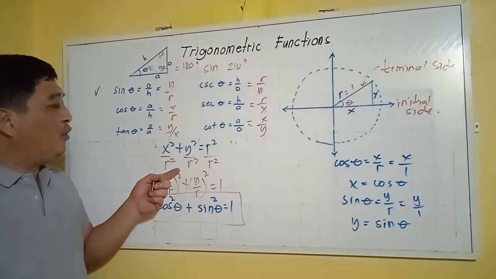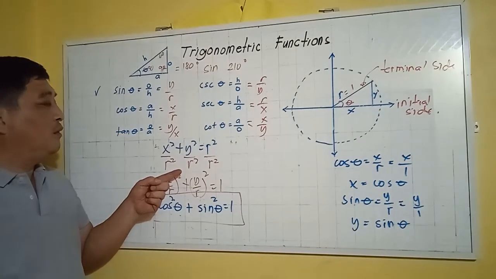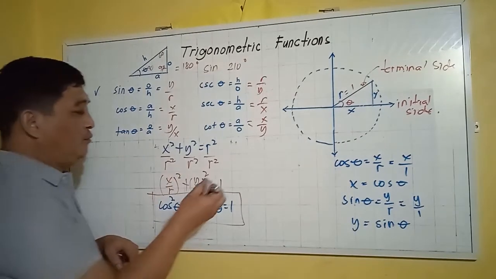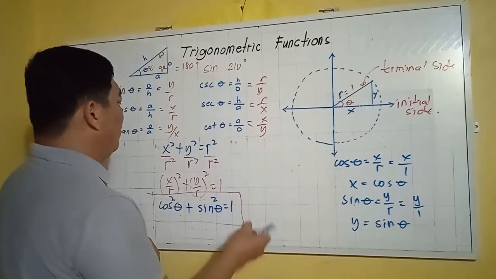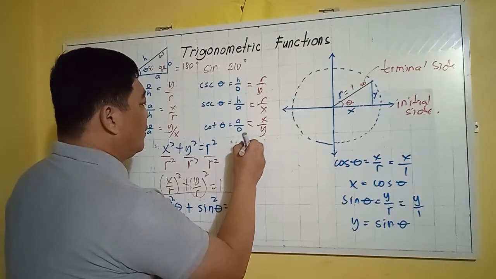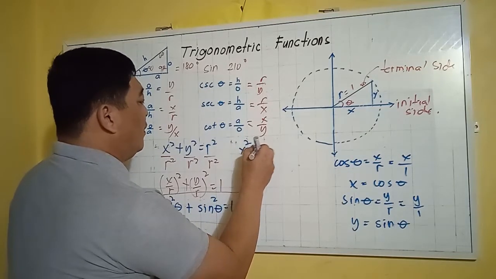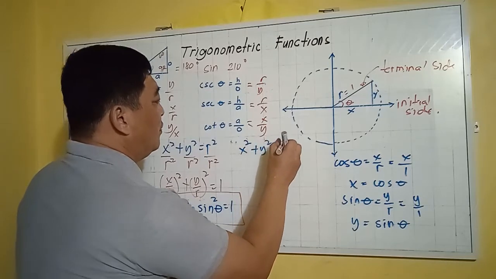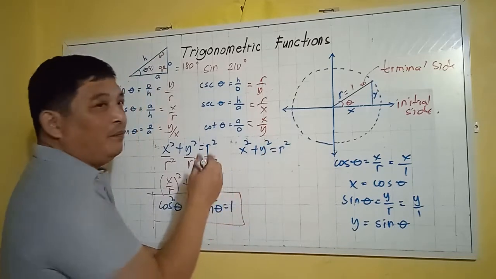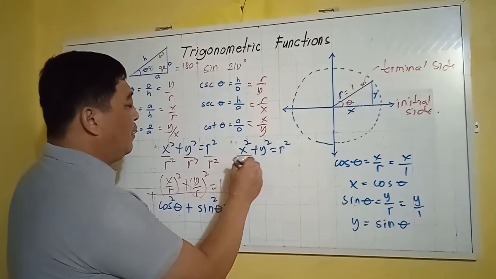Now what else? If I'm going to divide this by x square, we have x square plus y square is equals to r square. So I will divide this by x square.